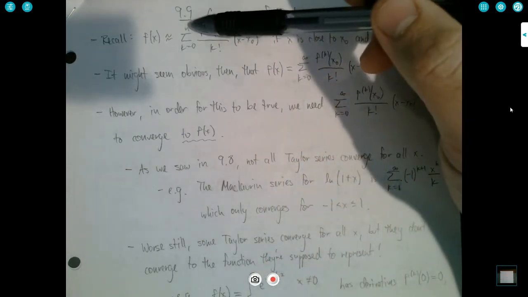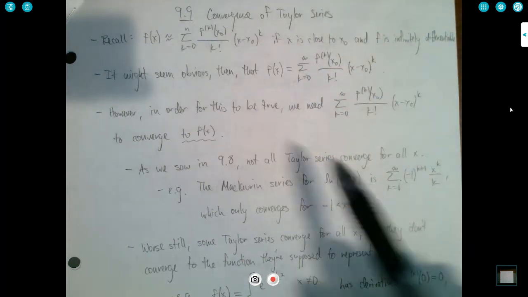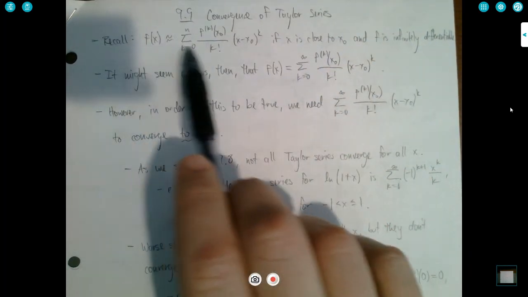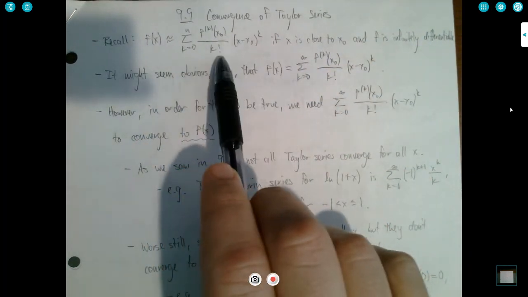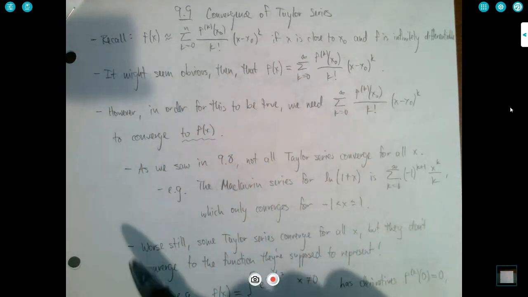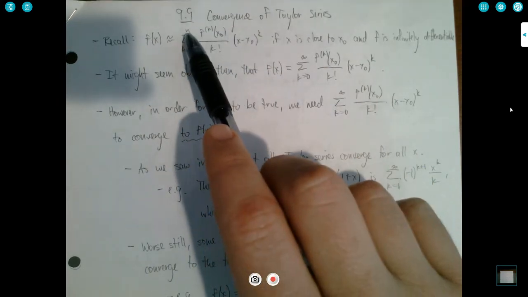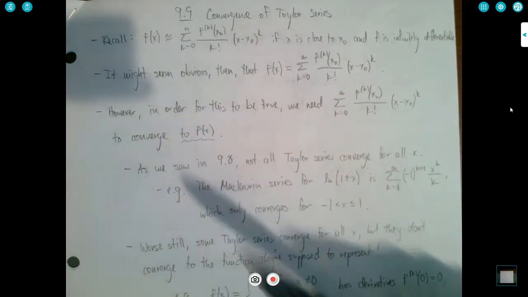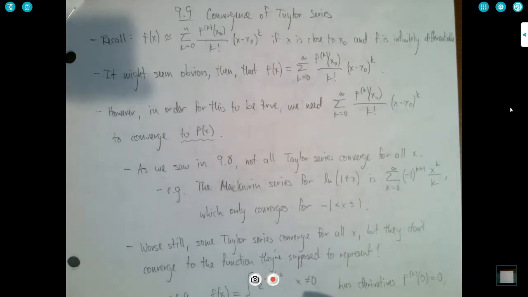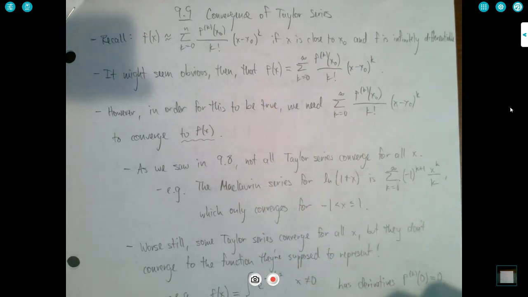In other words, if you let the degree of the polynomial go to infinity, then if this polynomial is an approximation for this function, then certainly this series is equal to the function, right? Because the approximation is supposed to get better and better the larger n gets. But it turns out that that's not always true. So this equality doesn't always hold.